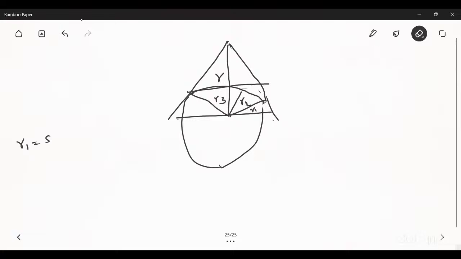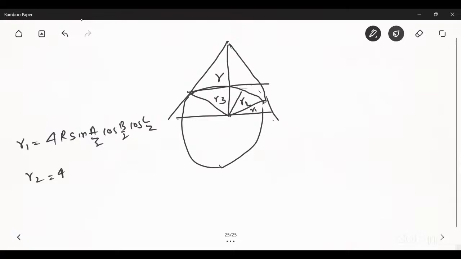So here r1 is equal to 4R times sin A/2 cos B/2 cos C/2, and r2 is 4R times cos A/2 sin B/2 cos C/2, and r3 is 4R times cos A/2 cos B/2 sin C/2.